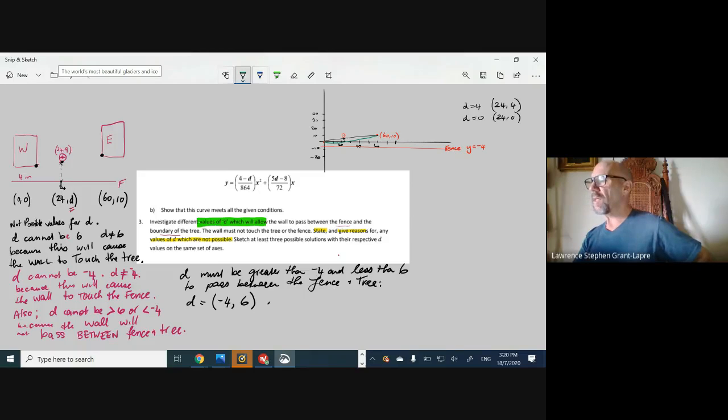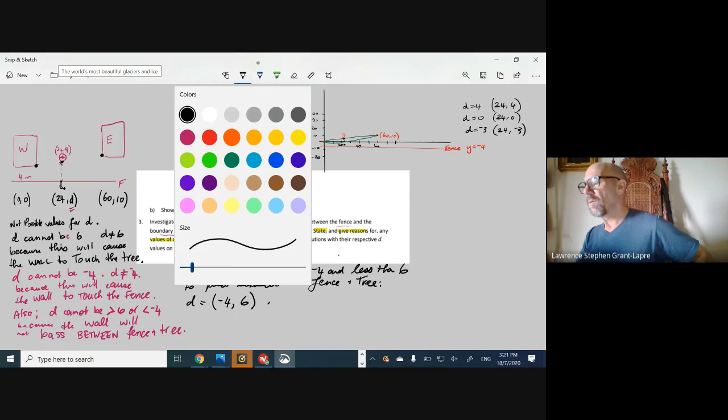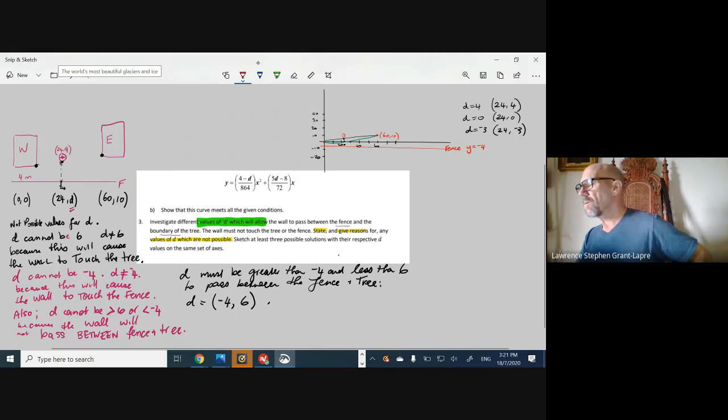Now, let's try another value, say D equals, let's go down to, say, -3. It'll pass through 24, -3. And so it's going to cross probably about 48. So it's going to turn there and pass through there.